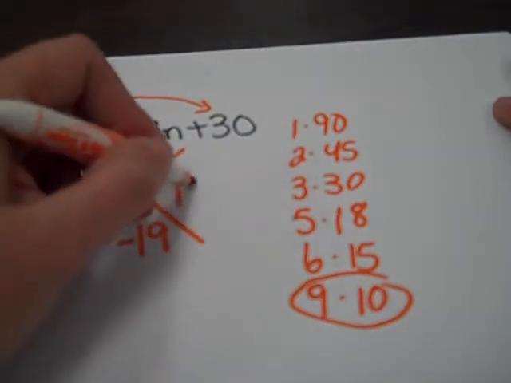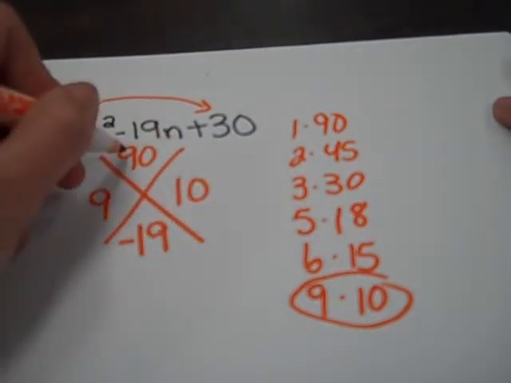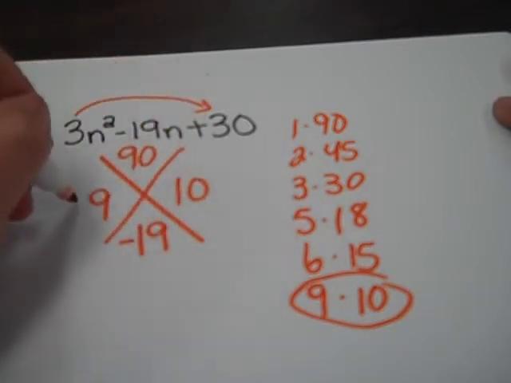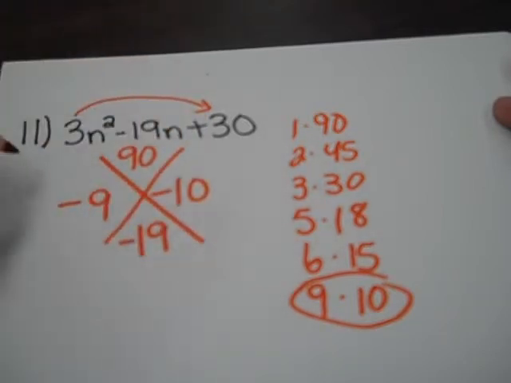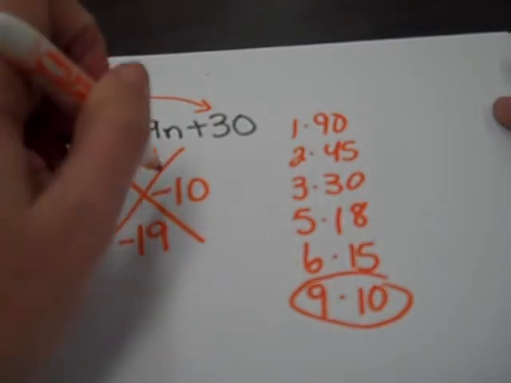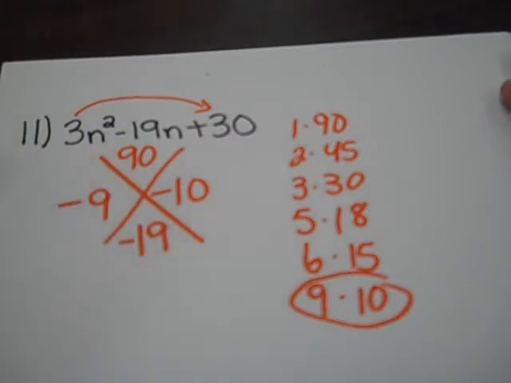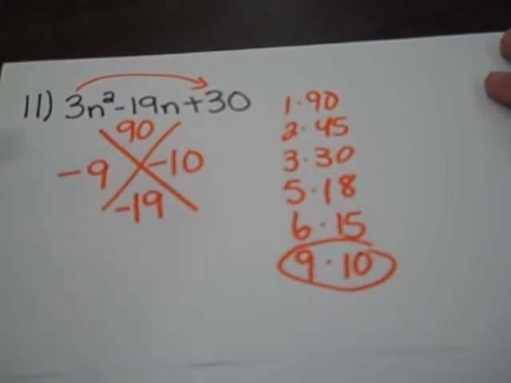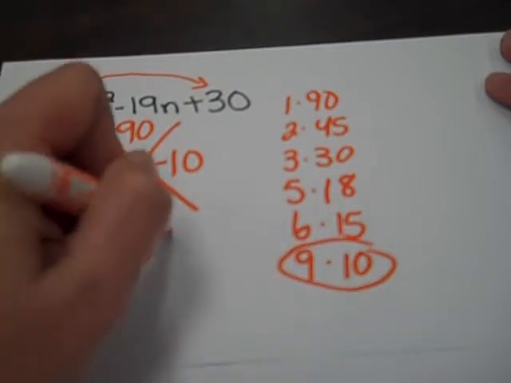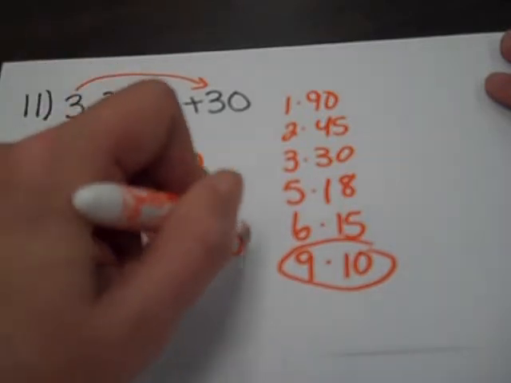But it's negative 19. Okay, because this is positive, both of these can either be positive when I multiply, or they both have to be negative. Negative 9 times negative 10 is 90. Negative 9 plus negative 10 is negative 19. So I have n minus 9 times n minus 10.